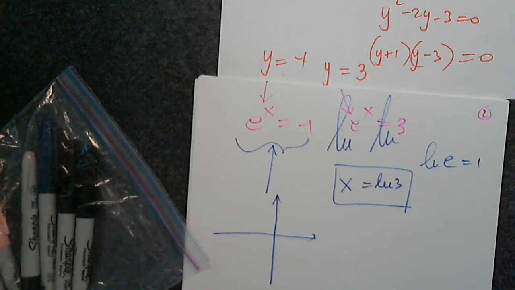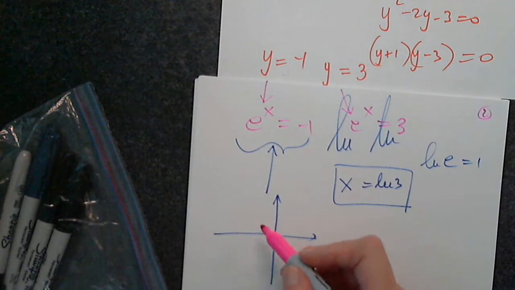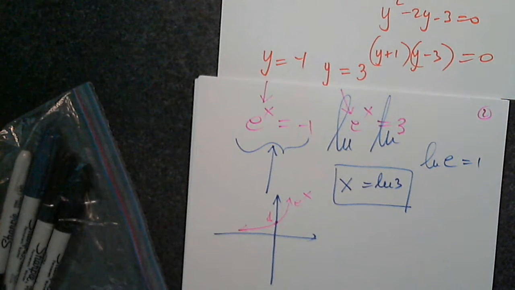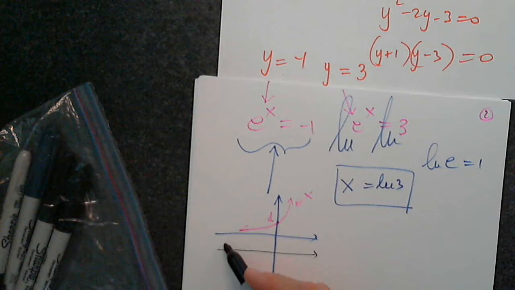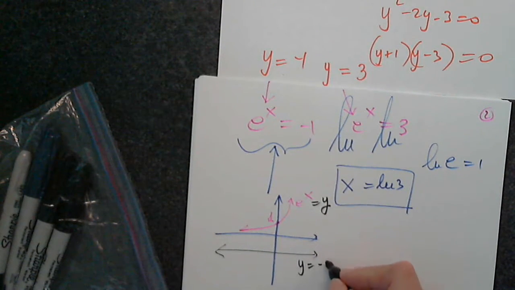E to the x is a base greater than 1 or less than 1? Yes, which means the function is always increasing on all its domain, and it crosses at 1. But now when I graph the other side, which is y equals -1, here's the graph. So this is the graph of y equals e to the x, and this is the graph of the other one. Where will they meet?